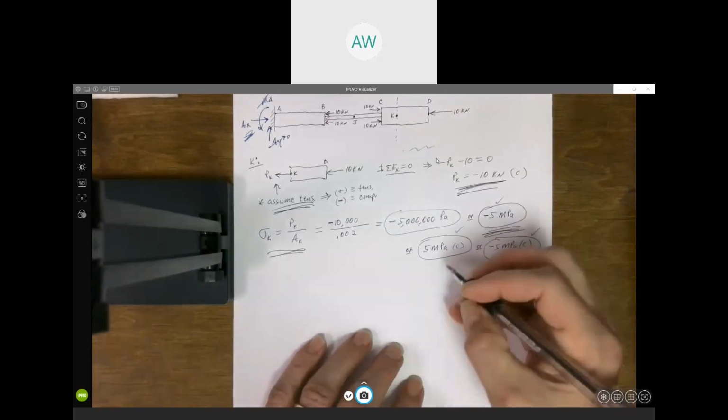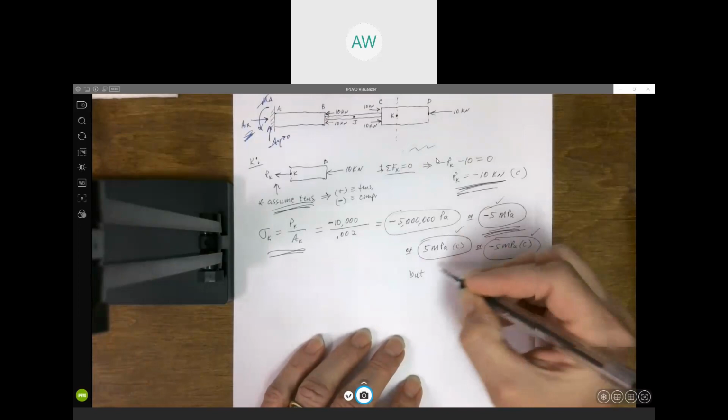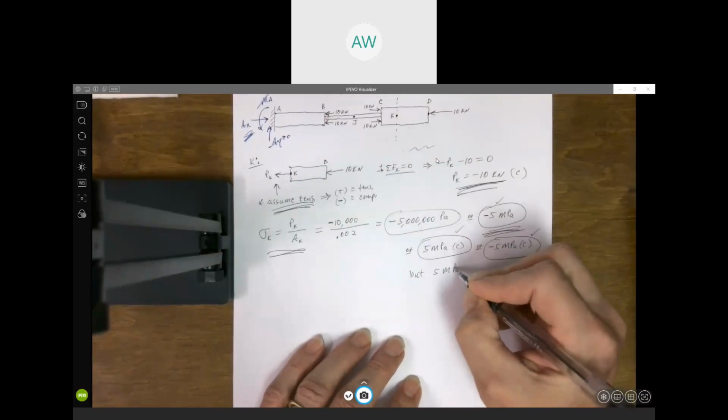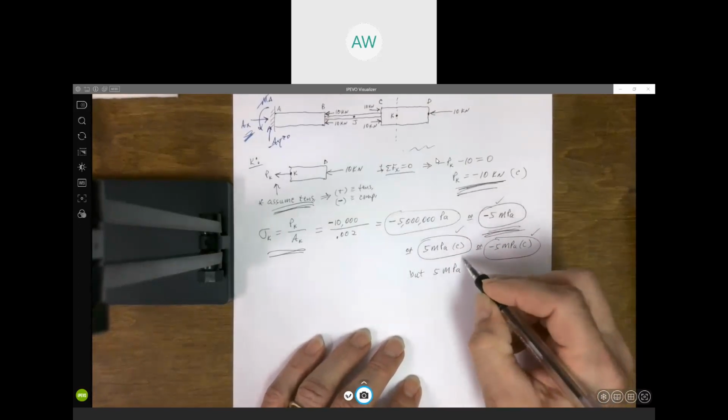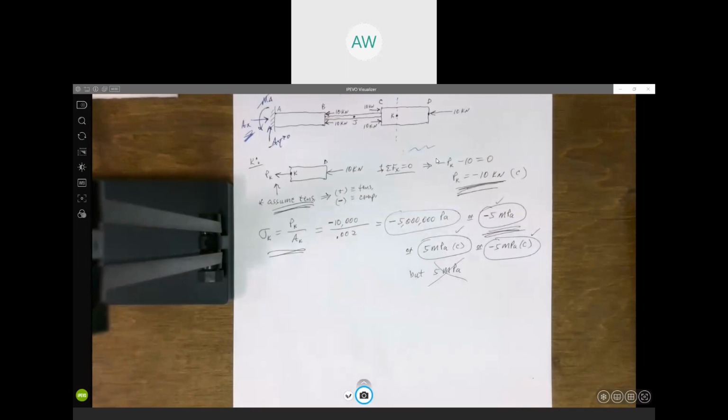Now, if you just told me the answer was 5 megapascals, I'm taking points off, because when I see 5 megapascals like that, I'm interpreting that as tensile stress, tension, and it's not. It's in compression. All right? Everybody clear about notation-wise how to indicate tension or compression? Any question about how we got the stress?